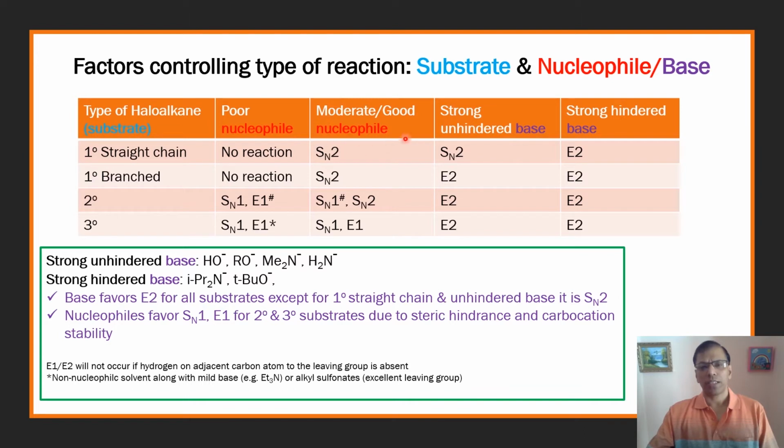For moderate and good nucleophiles, the primary haloalkane will result in an SN2 product, whereas for a secondary, depending upon the conditions, you can have SN1 or SN2. Whereas for tertiary, it will always proceed via SN1 or E1.